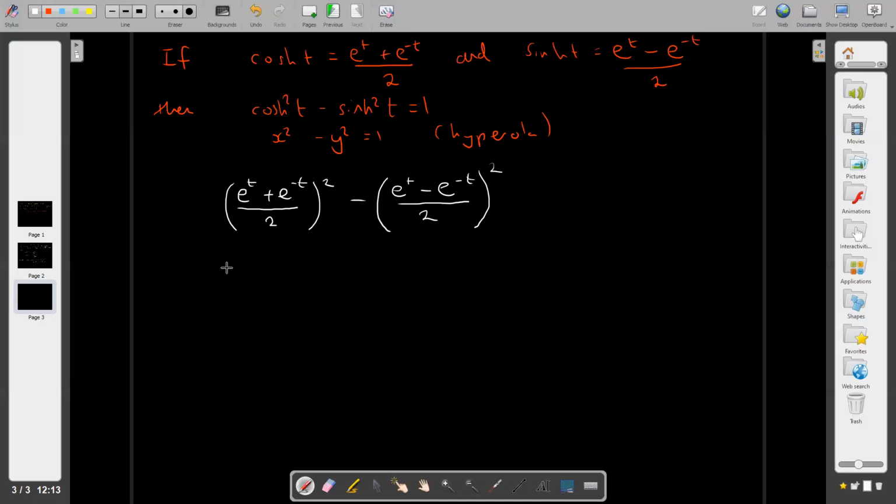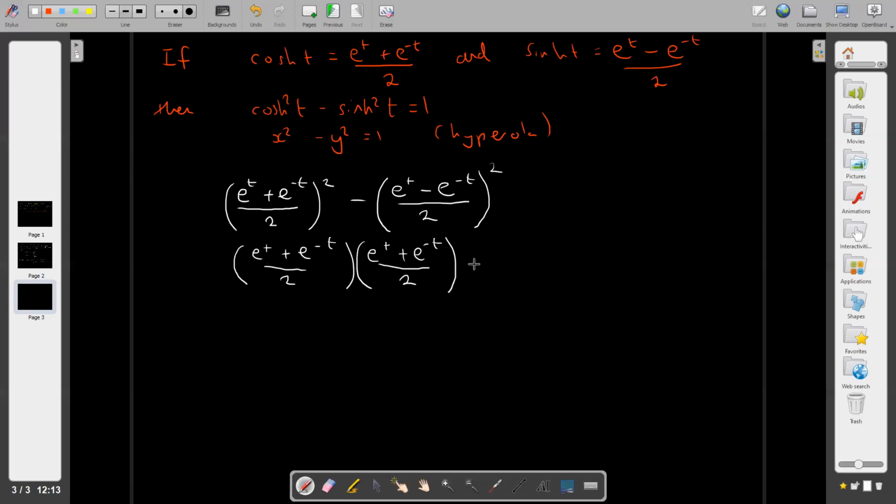If I'm going to write this out longhand, I would have e to the t plus e to the minus t, divided by 2, times e to the t plus e to the minus t, all divided by 2.